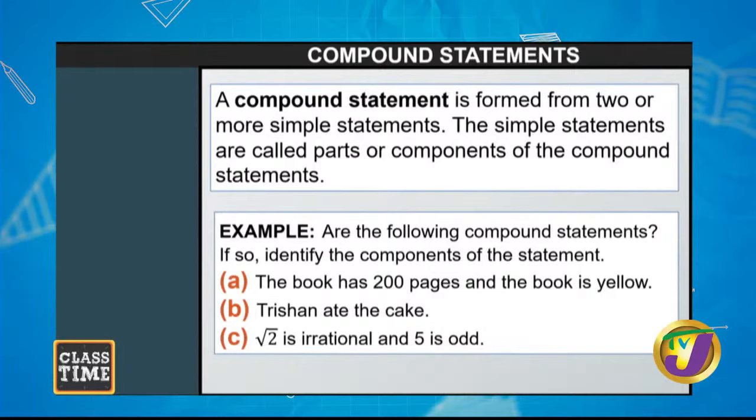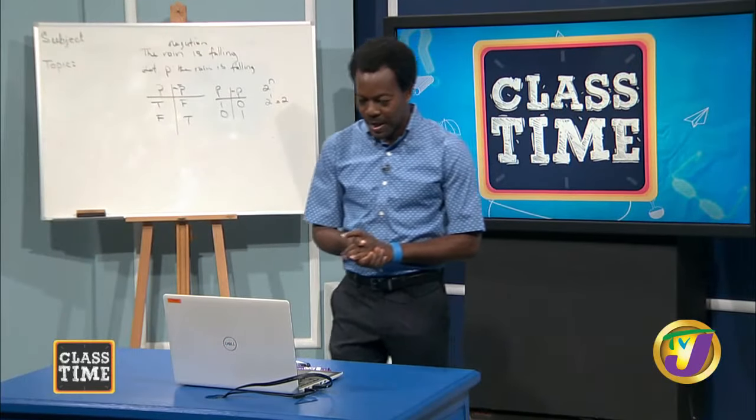A, the book has 200 pages and the book is yellow. Is that a compound statement? Yes, it's a compound statement.